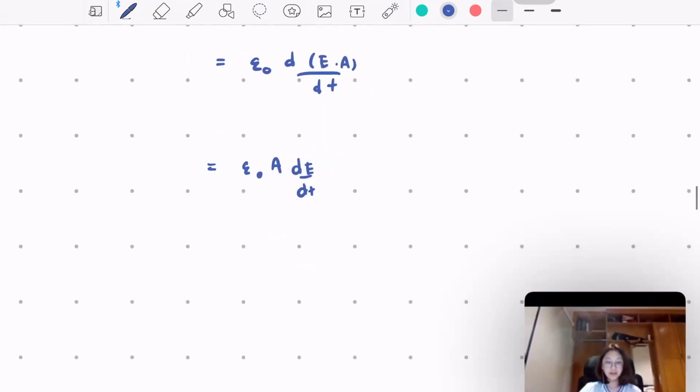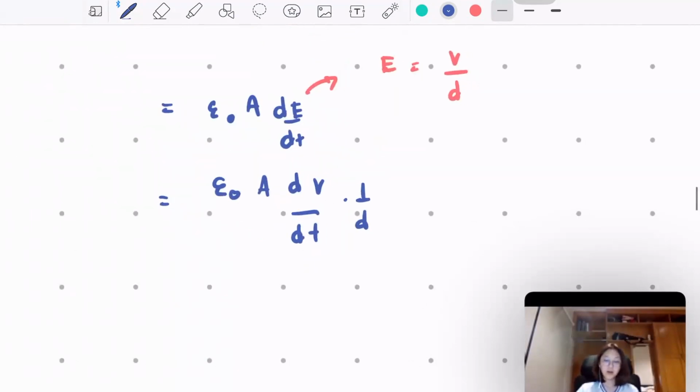And then we change it again, because we know that E is equal to V divided by d. We also insert it inside this equation because we know that d does not vary with time while V varies with time.